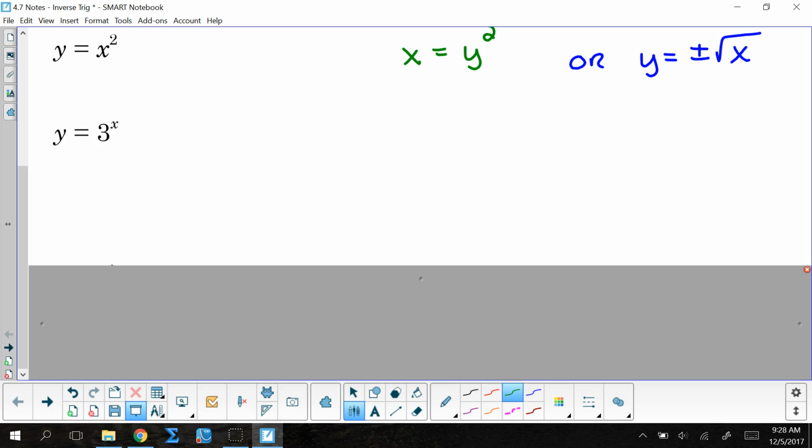Switch the x and the y. So this becomes x equals 3 to the y power. And then step number 2 is what? How am I going to solve that one for y?